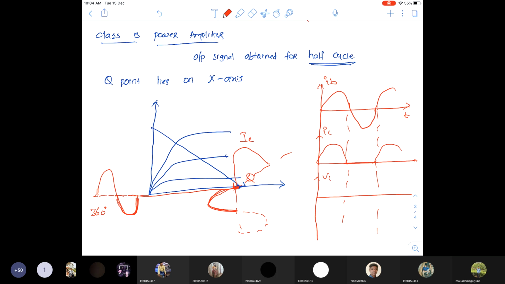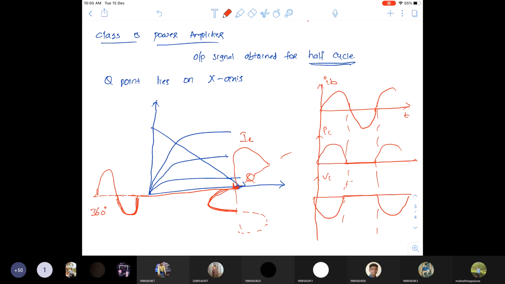Output voltage, we are not getting the negative peak because of the phase angle.